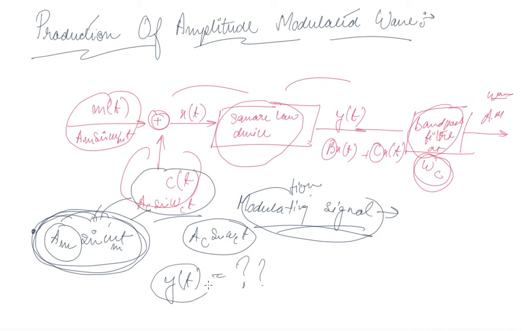Now we get w of t only when these two signals mix together and pass through the square law device. Now let's understand the function of the square law device. What the square law device does is it adds these two signals, or waves, and it is a non-linear device which produces an output, that is w of t equal to b x of t plus c x square of t.